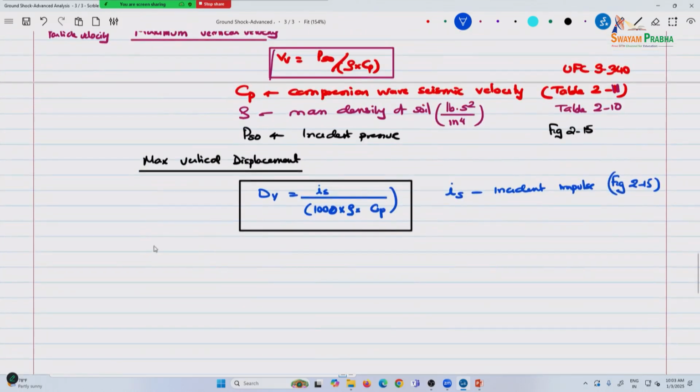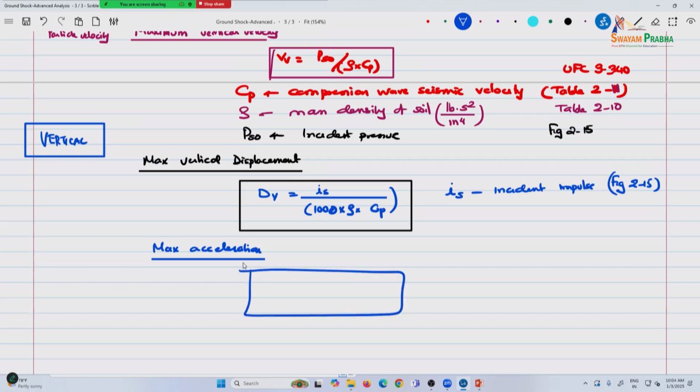And finally, the maximum acceleration, vertical. All of these are, remember, vertical. That expression is a simple expression given as Av is equal to 1000 PSO divided by rho multiplied by Cp.